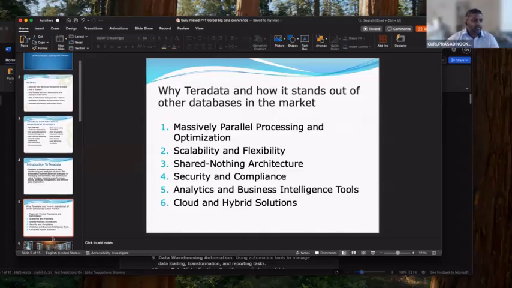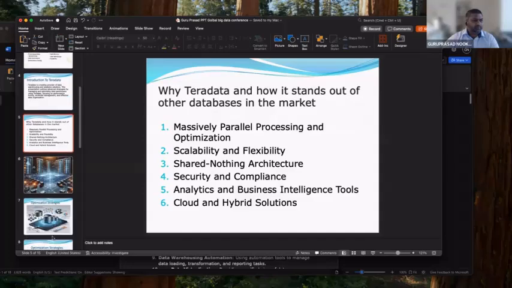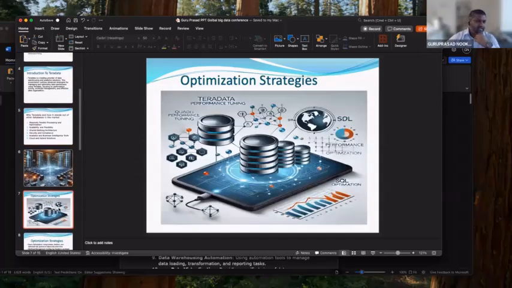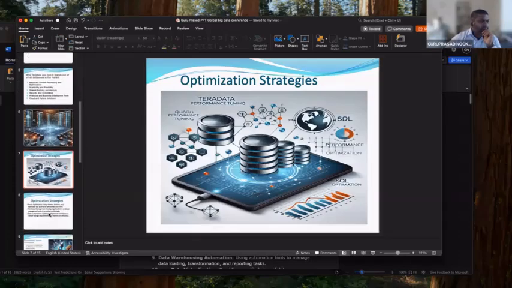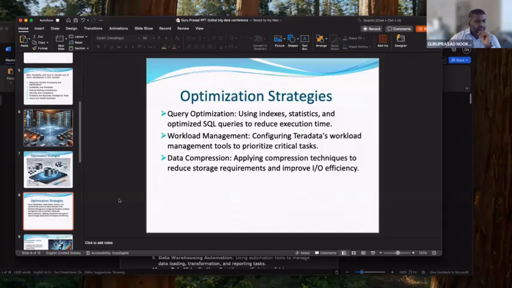Moving to the next topic, optimization strategies. We have different optimization strategies. One is query optimization, workload management, data compression, join strategy optimization, partitioning large tables, compression, workload management, proper indexing.